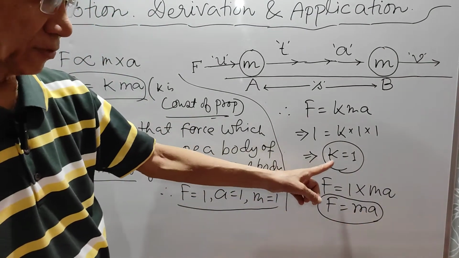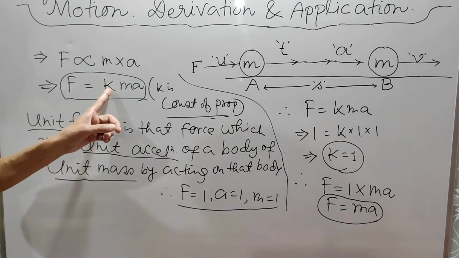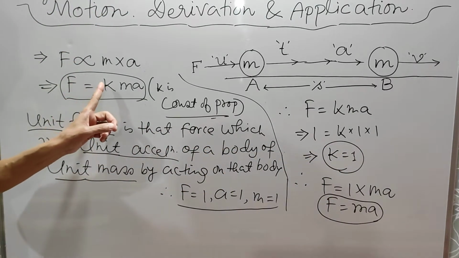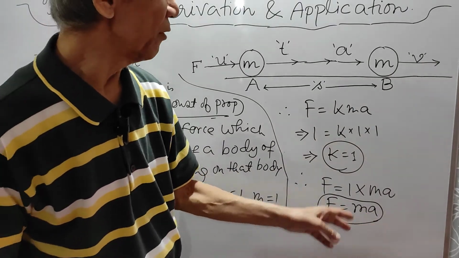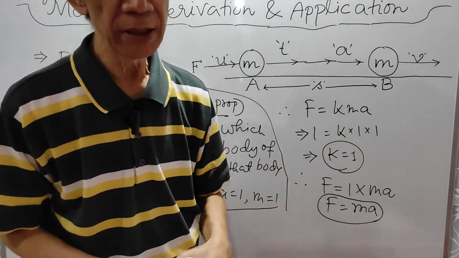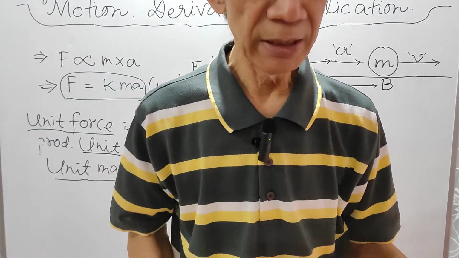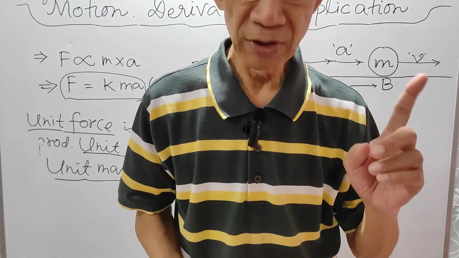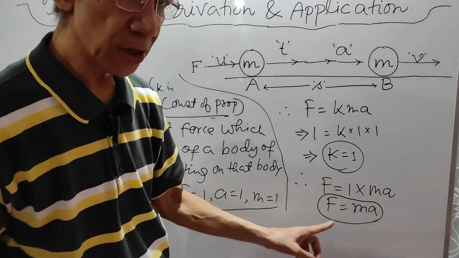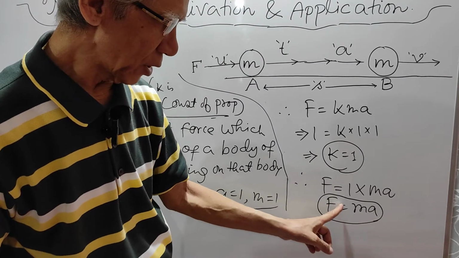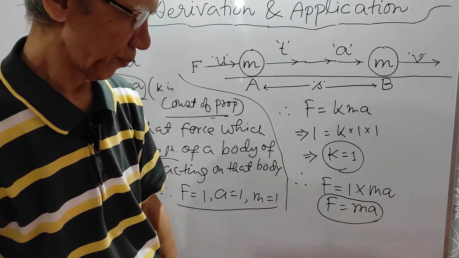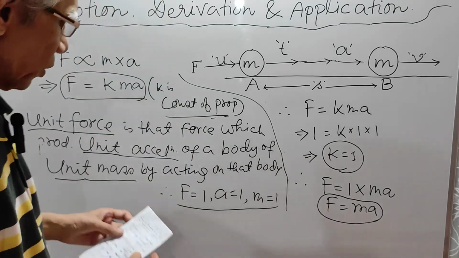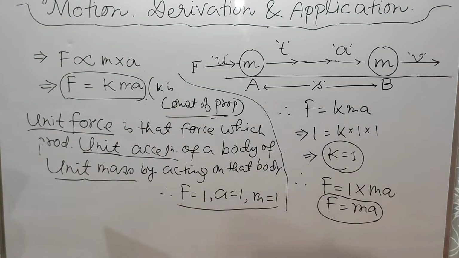So we have derived the mathematical expression for Newton's second law. So in words, it will be force equal to product of mass and acceleration. So F equal to MA. Okay, so this is the derivation. I hope you have got it.